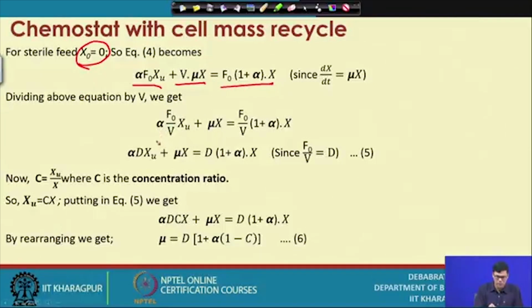Now we can divide by V on both sides, and F0 by V is the dilution rate. So, we can modify it in this form.